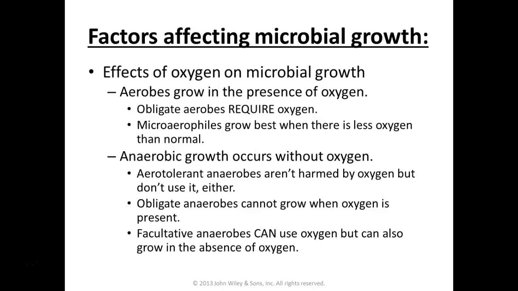What do you think? Why can't a microaerophile just live in an oxygen environment and just use less oxygen? Why does it actually have to live in an environment where there is less oxygen than normal atmospheric conditions, like what we're living in? What would happen to them if they were at atmospheric? What's the problem about living in an oxygen environment?